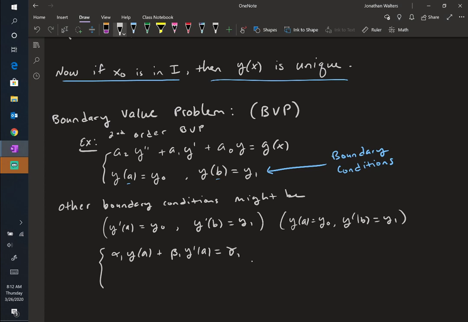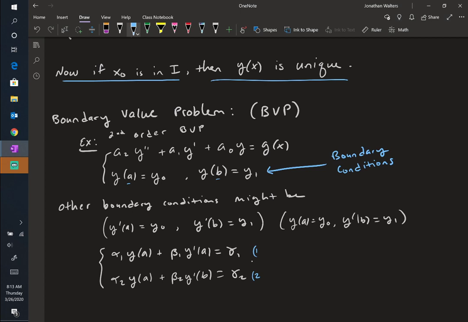So that might be our first condition. And then alpha 2 y of a plus beta 2 y prime of b equals gamma 2. And that could be a different set of boundary conditions. The first equation is the first condition, the second equation is the second condition. So we might have these two boundary conditions.